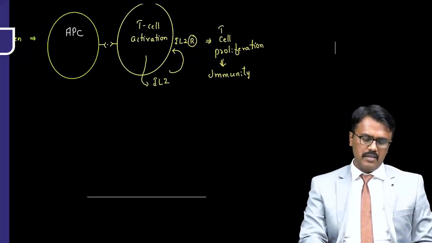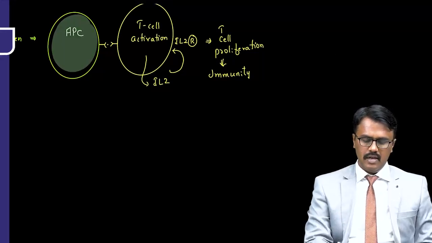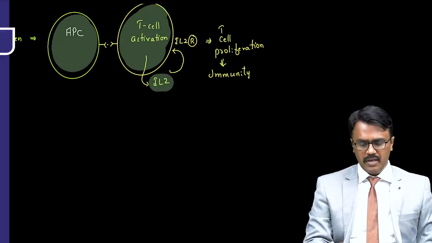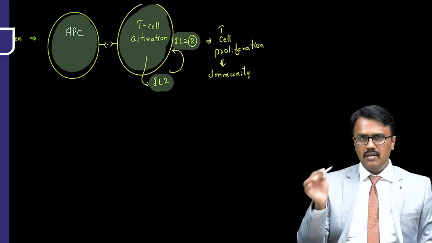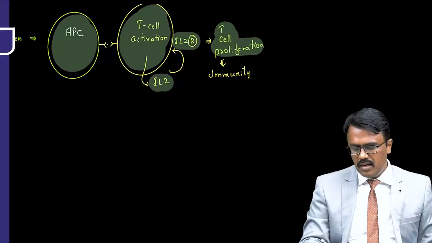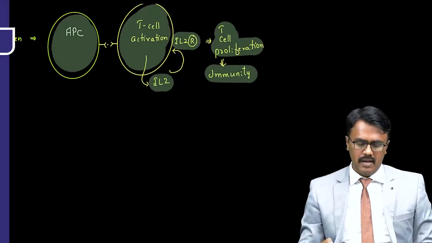So whenever the antigen is exposed, the antigen presenting cell is activated and gives the antigen to the T cell, and they release interleukin 2. The interleukin 2 acts on the same T cells, they multiply, and the immunity is boosted and will attack the antigen.